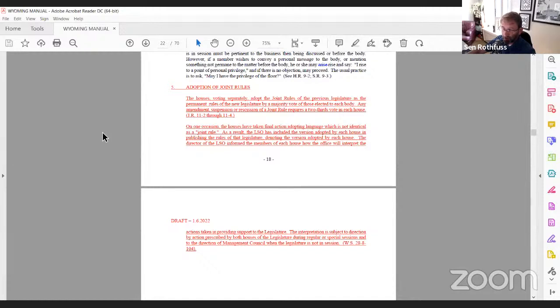I mean, that's certainly an opportunity. So is that something we need to contemplate as we're working this? I mean, I certainly don't object to us codifying the way it is right now, but is that something that we might want to raise to the management council, is the possibility of changing the approach to an amendment to the joint rules?